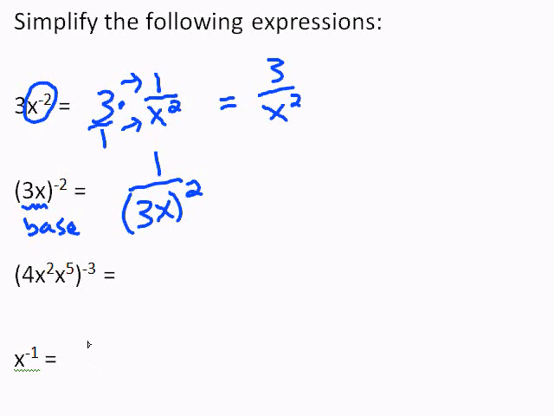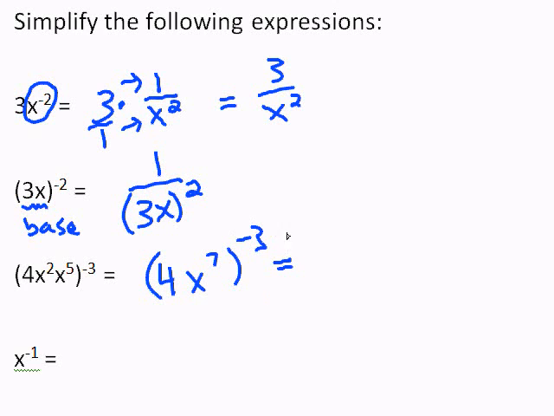The third example was a little bit more complicated because we had to simplify the inside of the parentheses first, leaving us with 4x to the 7th to the negative third. Remember our property from last video, which asked us to always simplify the inside of the parentheses first.